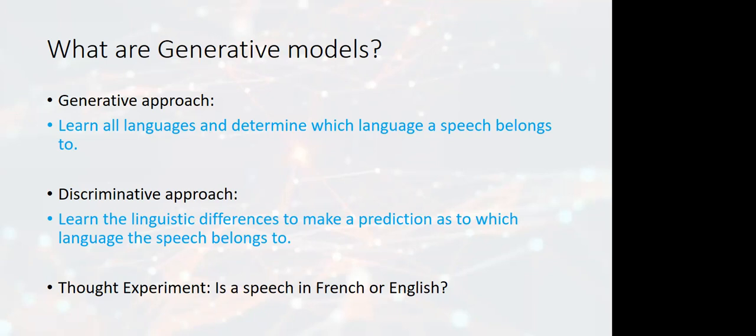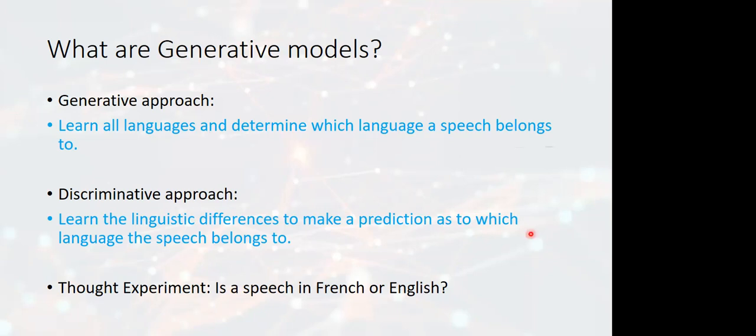Say you want to train a model to look at a speech and identify its language, the language in which the speaker is giving the speech. In a generative approach, we try to learn all the languages and determine which language the speech belongs to. In a discriminative approach, instead of learning the languages, we only learn the linguistic differences to predict which language the speech might belong to.